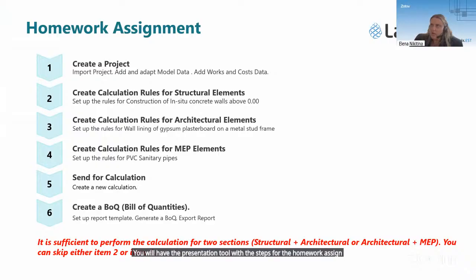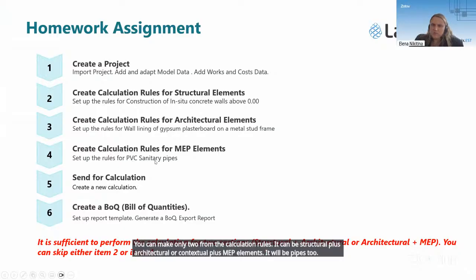It has 6 steps, and I think you can make only 2 from the calculation rules. It can be structural plus architectural, or architectural plus MEP elements. It will be pipes too.